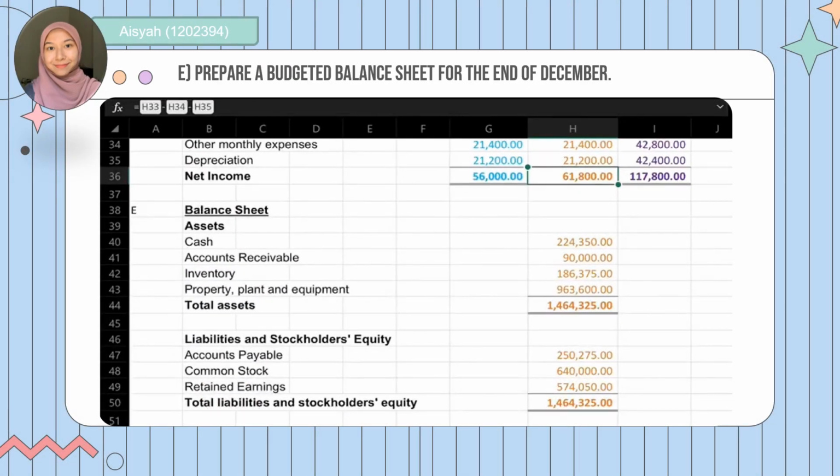The last question for this section, which is to prepare budgeted balance sheets. For the first item in assets, we get the cash amount from the ending cash balance in cash budget, which is 224,350. For account receivable, it is 25% from sales in December, which is 90,000.